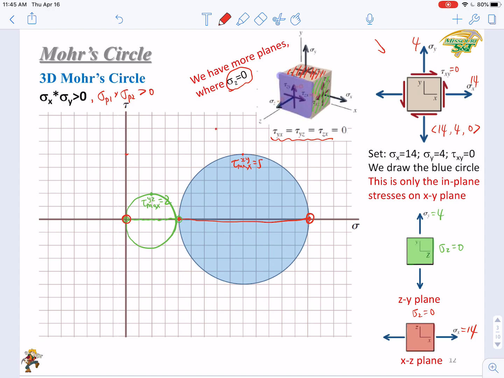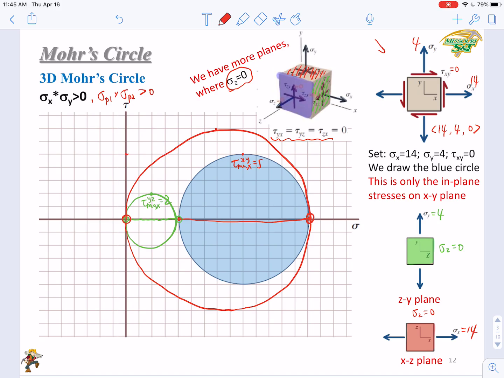So you can draw another basic Mohr circle. I'll get an ugly one, but this is the largest Mohr circle for the XZ plane.